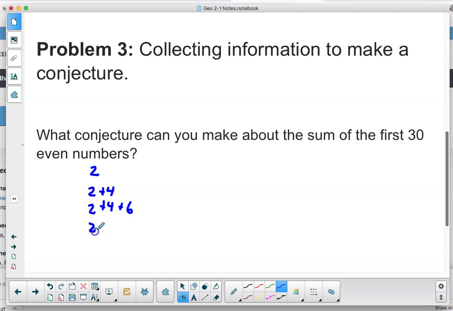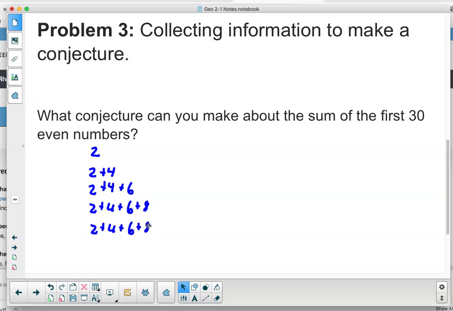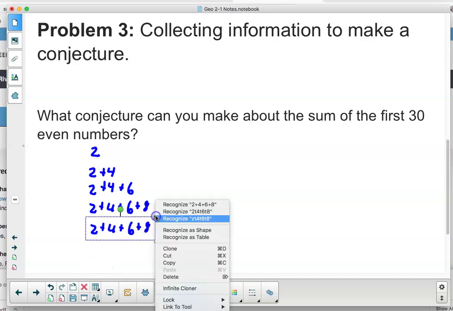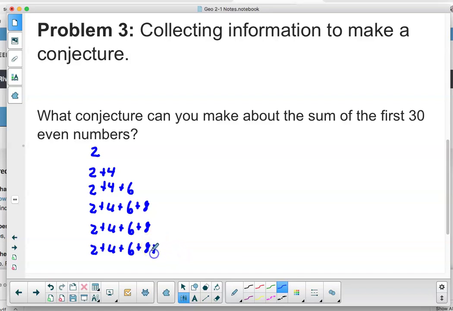Then I've got 2 plus 4 plus 6 plus 8. Okay, that's the first 4 even numbers. And now I'm going to work with and get this to 10. So I'm going to copy or clone this, and say, all right, I got those, and I'm going to add plus 10.